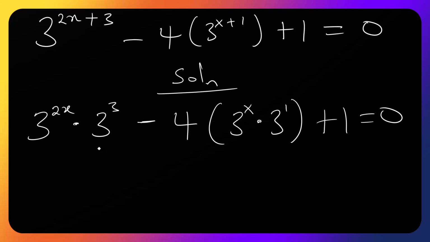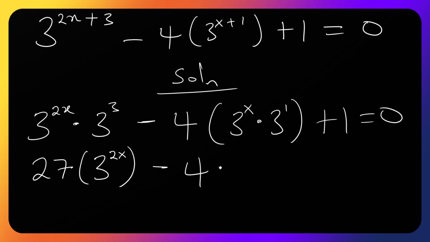Now from here, remember this side is 3 to the power of 3, 27. So that will be 27 times 3 to the power of 2x minus, so this one is multiplication, so minus 4 times 3 to the power of x, 3 to the power of x plus 1, equal to 0.